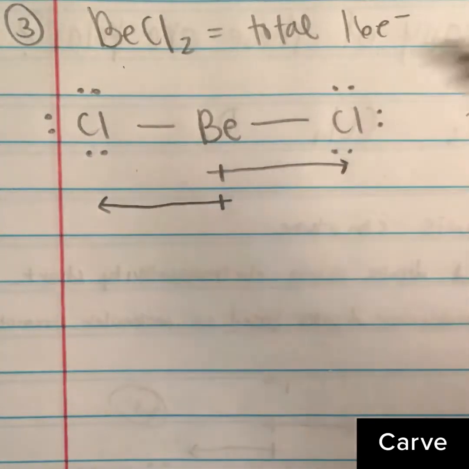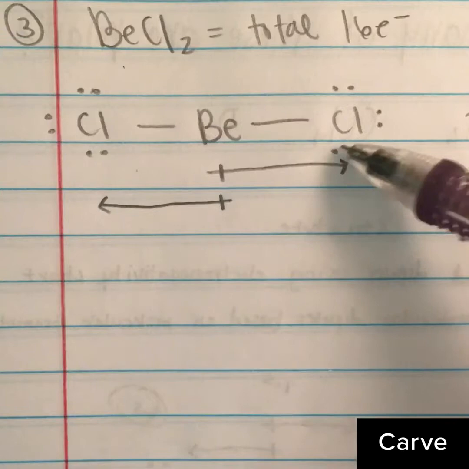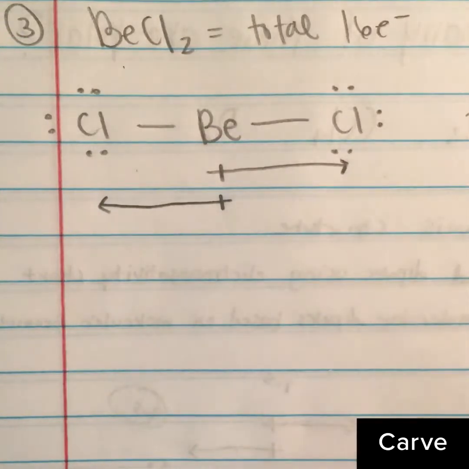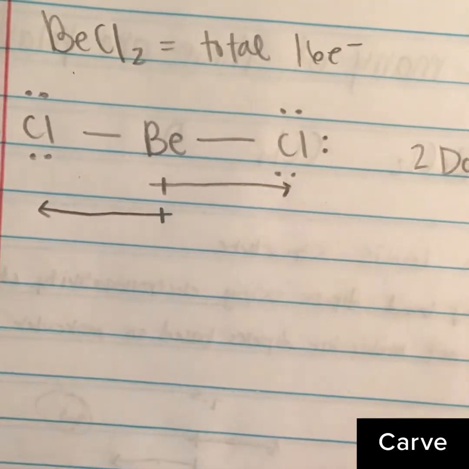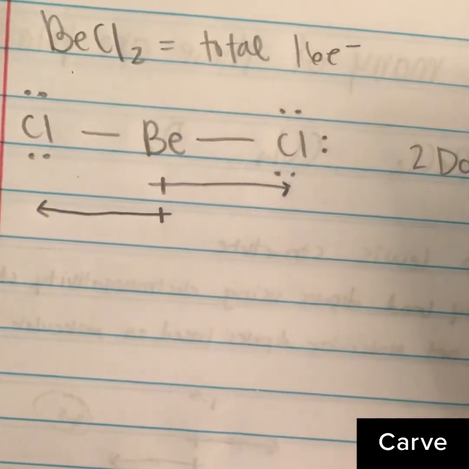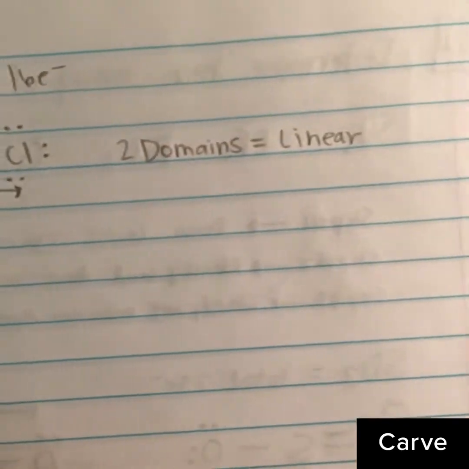So Cl has a higher electronegativity value, so your positive end is going to be at Be, pointing out towards the more negative value. And this has 2 domains, and they're both the same, so this is going to be a linear structure, which I wrote over there.